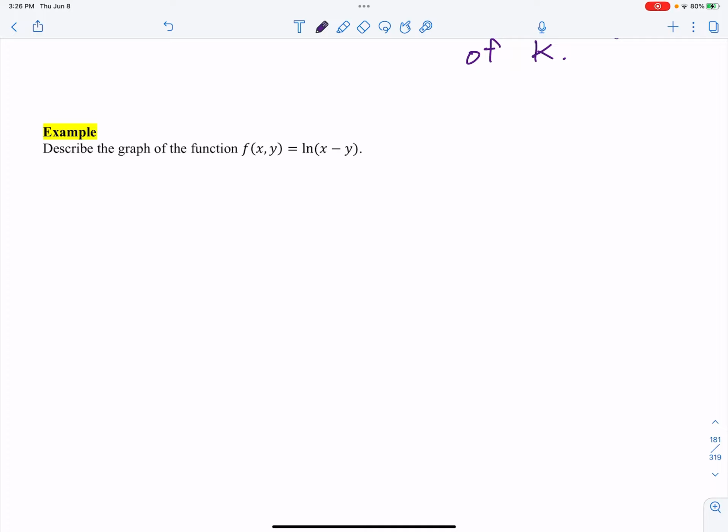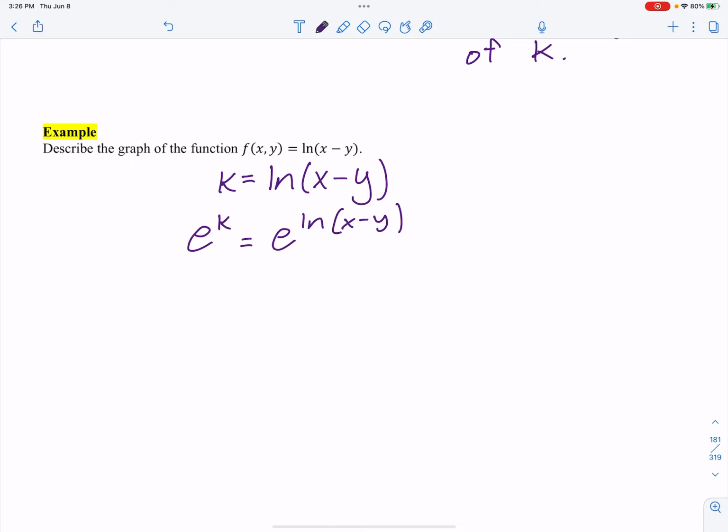All right, I have a logarithm of x minus y. So I let my z equal k, and I have ln of x minus y. Now, it may not be obvious here, but if we take e to each side, we know, okay, e to the k is just a constant, and then this gets rid of x minus y. Right?